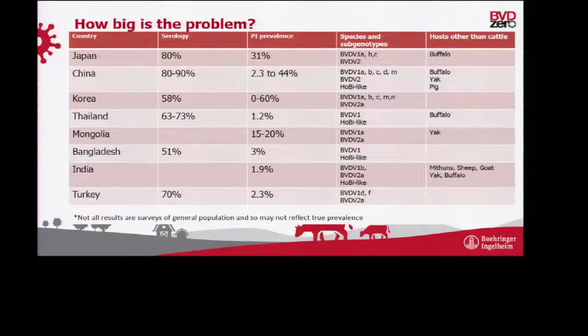People were already selecting sick animals. They were looking at animals with diarrhea, or they were looking at abortions. So the high levels of PI prevalence listed here, I don't know if that's representative of the population. The serology might be more representative of the amount of exposure out there.